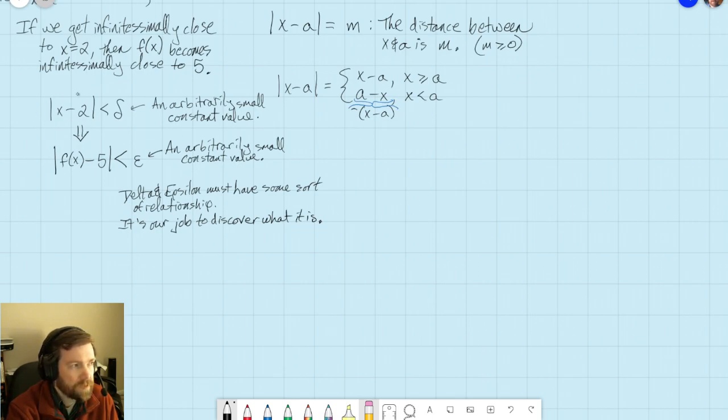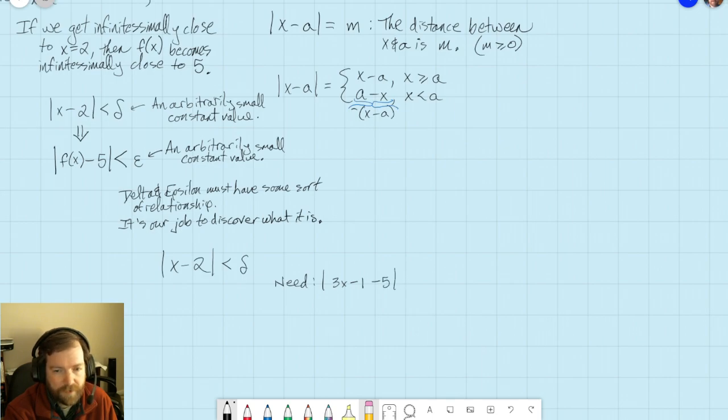So with this, we're saying, okay, we've got something that says the distance between x and 2 is less than delta. All right, we need the absolute value of 3x minus 1 minus 5 to be less than epsilon.